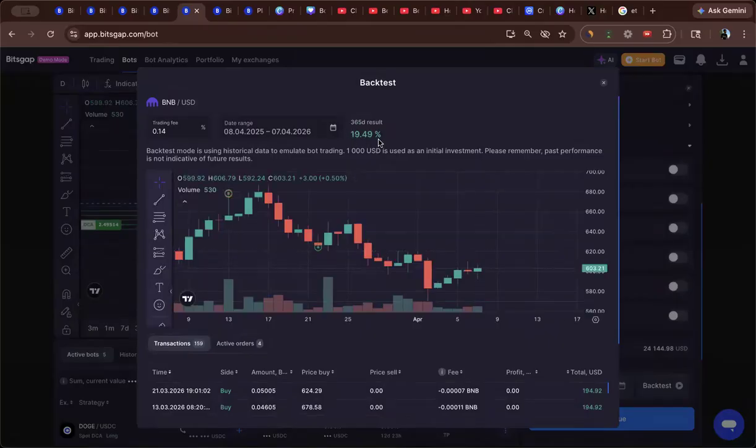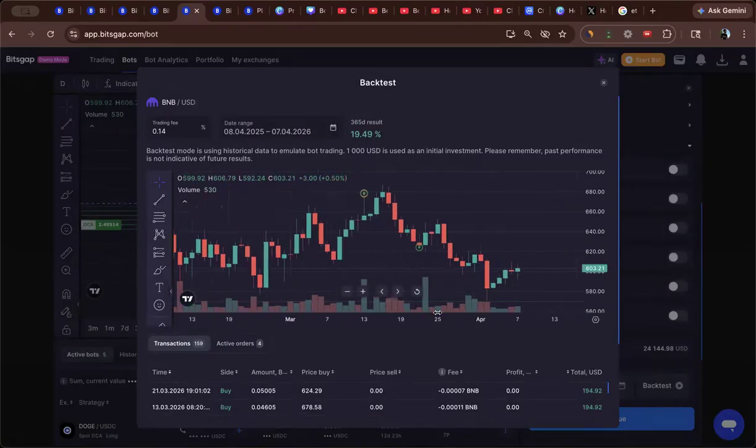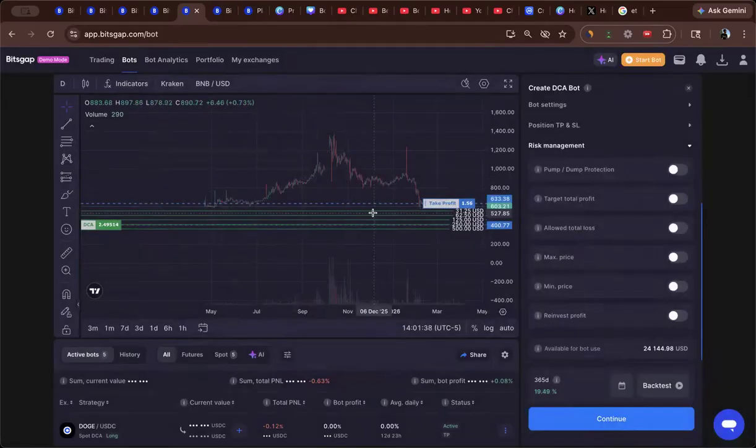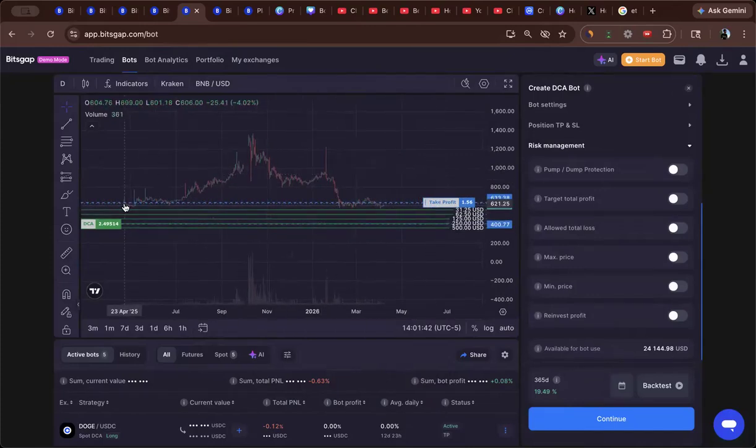So you can see I didn't change any settings, and we got a 1949. For some reason it went from 1935 to 1949. All right, so that is with the price staying exactly flat. Basically, it's been flat this whole year, except for it of course more than doubled and then came back down.